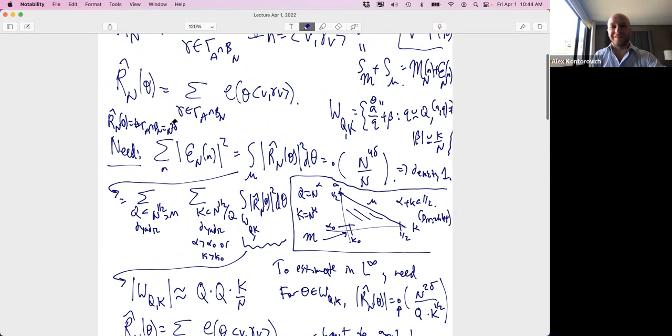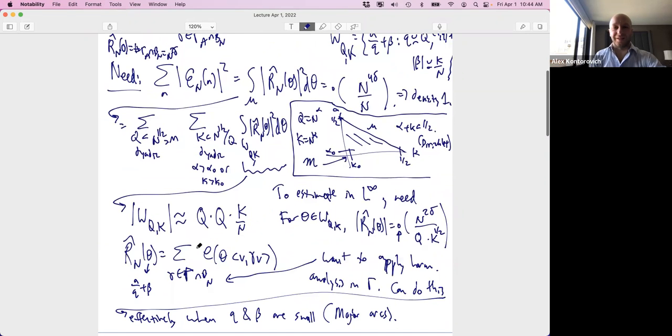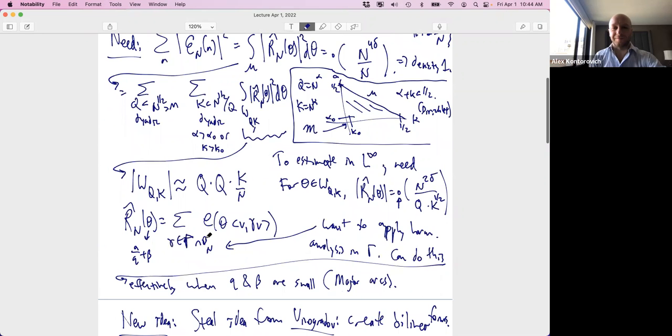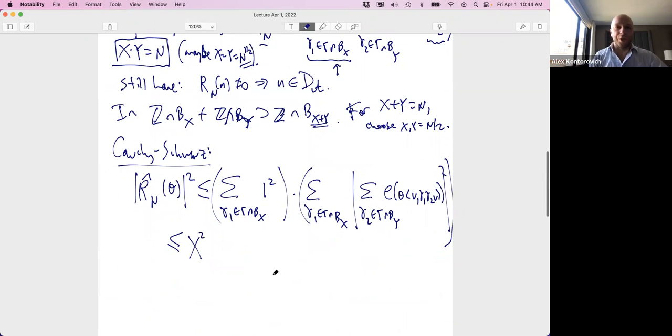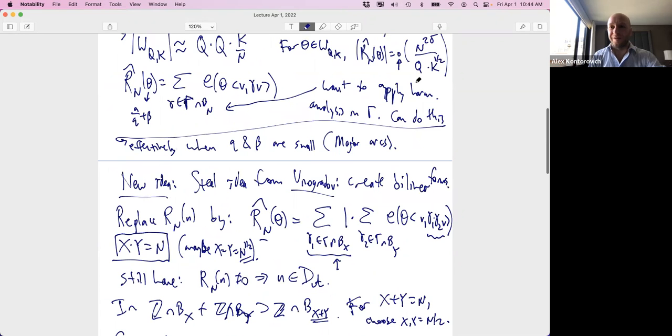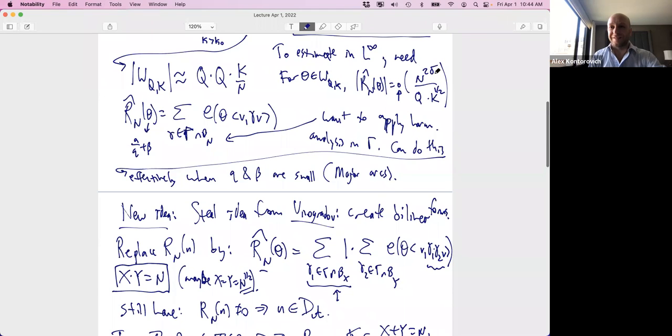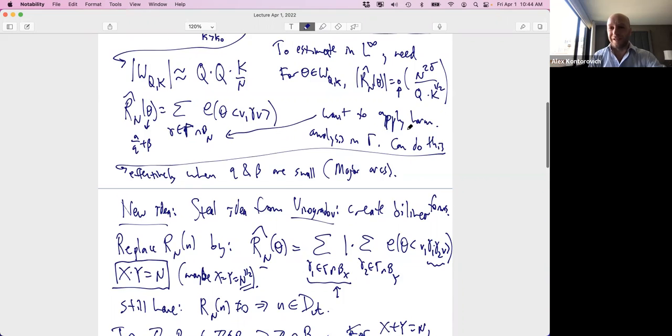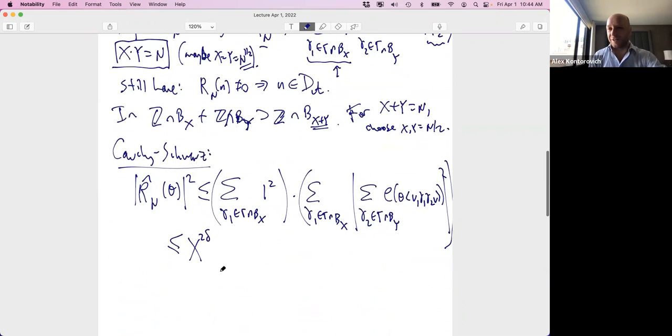Right, so in a ball of size x, it's x to the 2 delta. Which, if x is root n, is n to the delta. So we're halfway to what we're allowed in this numerator. So half of it we just wasted. There's nothing we can do.